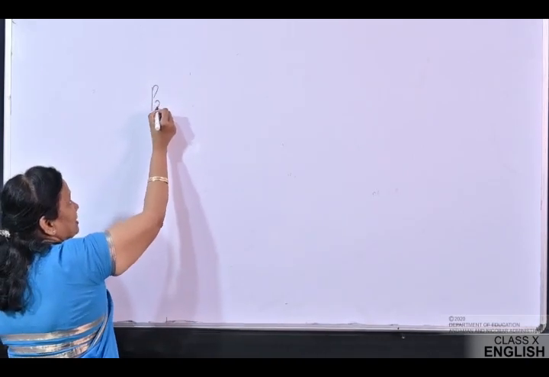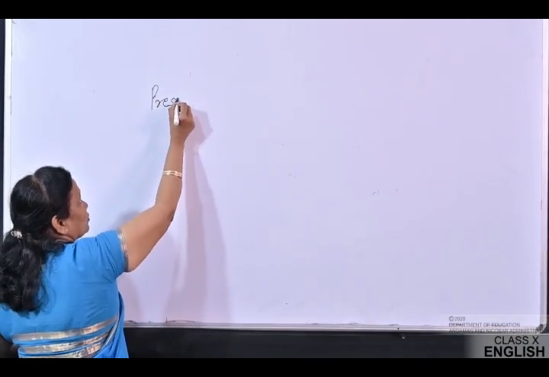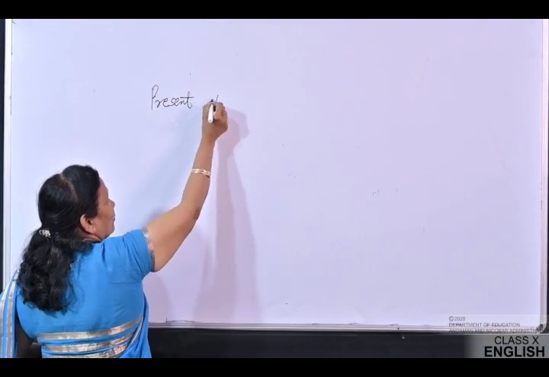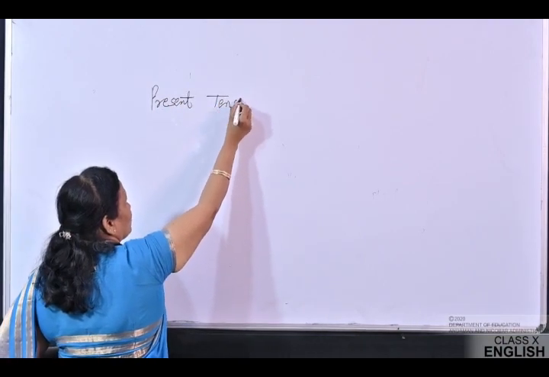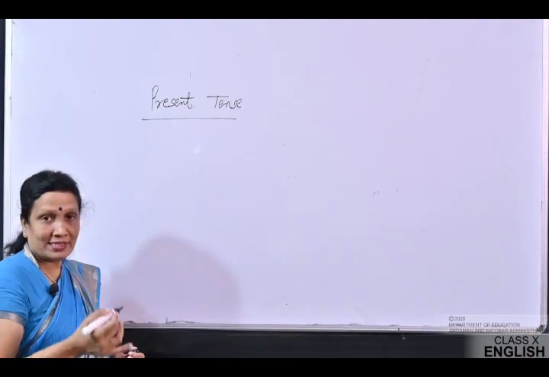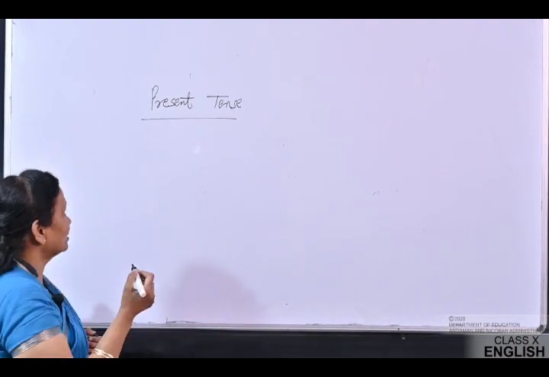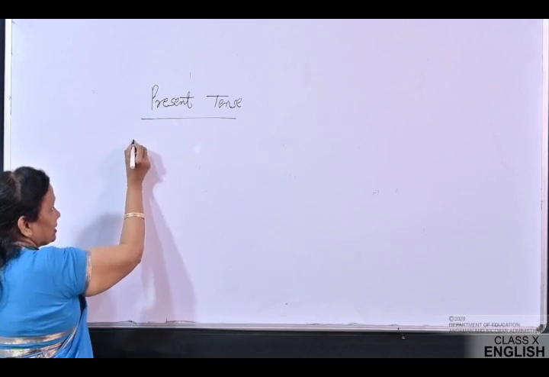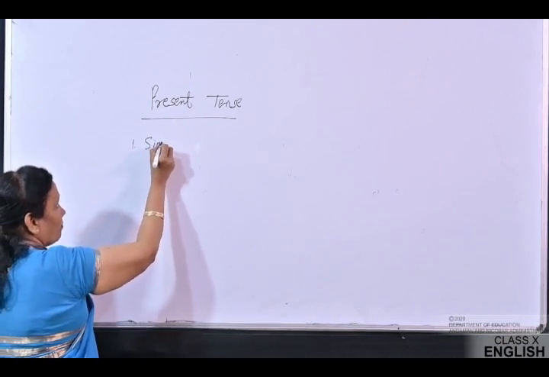The present tense. Okay, let's quickly try to recap or try to understand quickly whatever we have learnt now. Now we have seen that this has got 4 different forms.